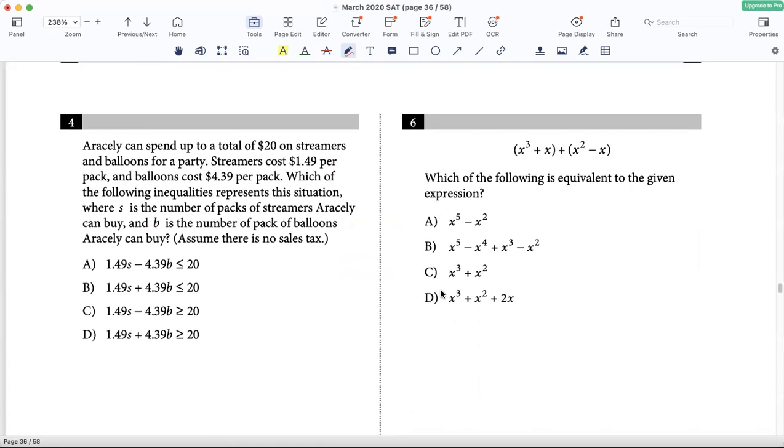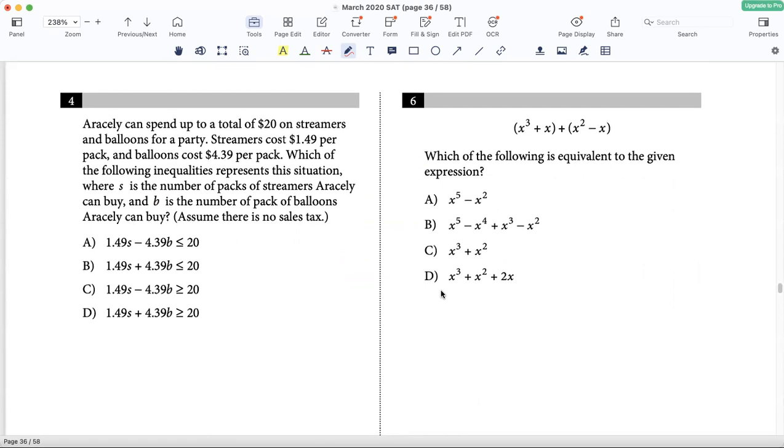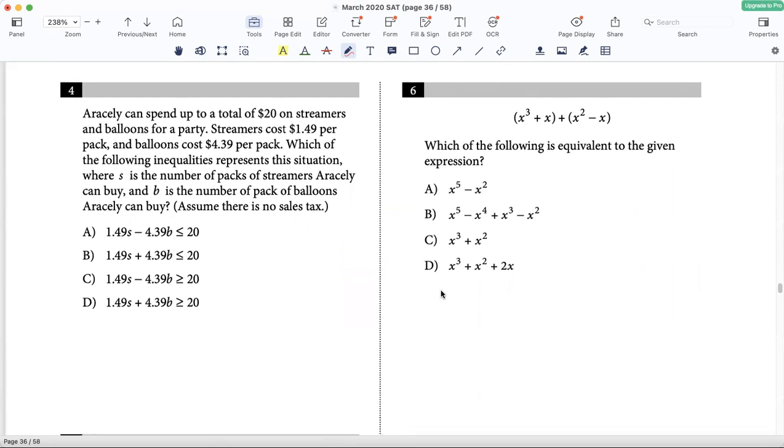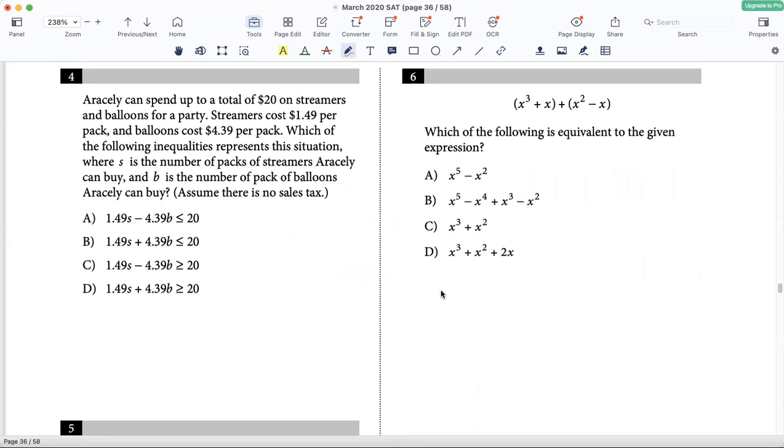Araceli can spend up to a total of $20 on streamers and balloons for a party. Streamers cost $1.49 per pack and balloons cost $4.39 per pack. Which of the following inequalities represents the situation where S is the number of packs of streamers Araceli can buy and B is the number of packs of balloons Araceli can buy?